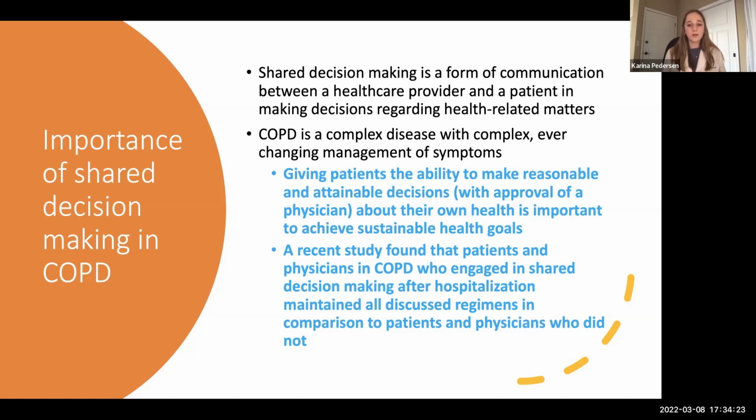In this study specifically, if a patient and a physician engaged in shared decision-making after the patient was in the hospital, they all had better outcomes over a couple of years versus the patients who did not. Almost all the patients who did not engage in shared decision-making were not adherent to their medications at their next follow-up in a couple of years or months. So this is something to discuss with your doctor if you don't feel like your treatment regimen is something that you can handle.